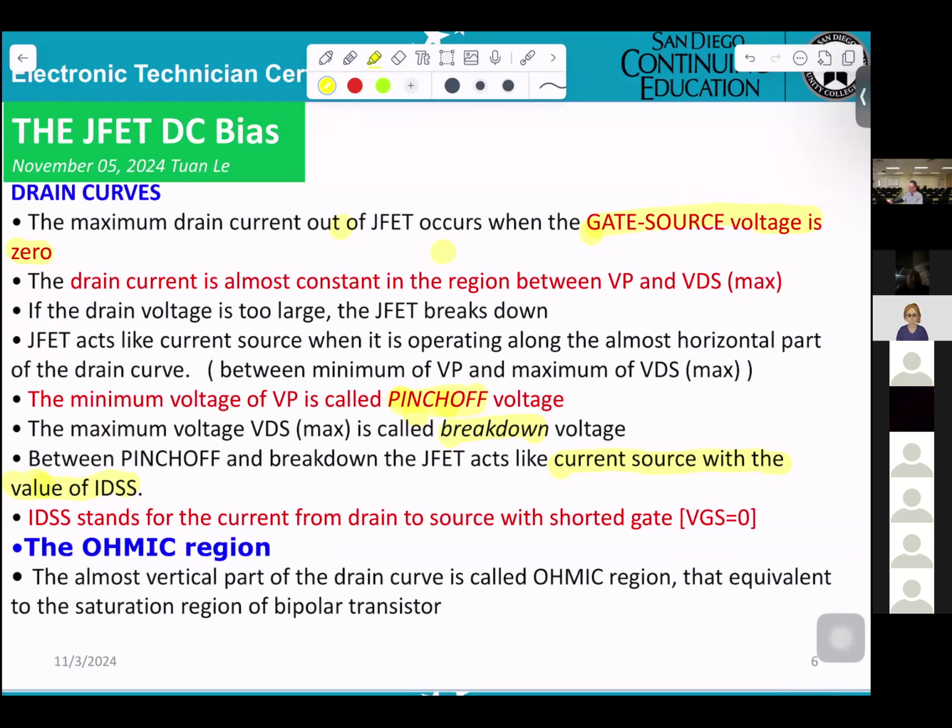IDSS stands for current from the drain to the source with the gate shorted. That's just a definition, and you have to memorize it. Again, between the pinch off and breakdown.